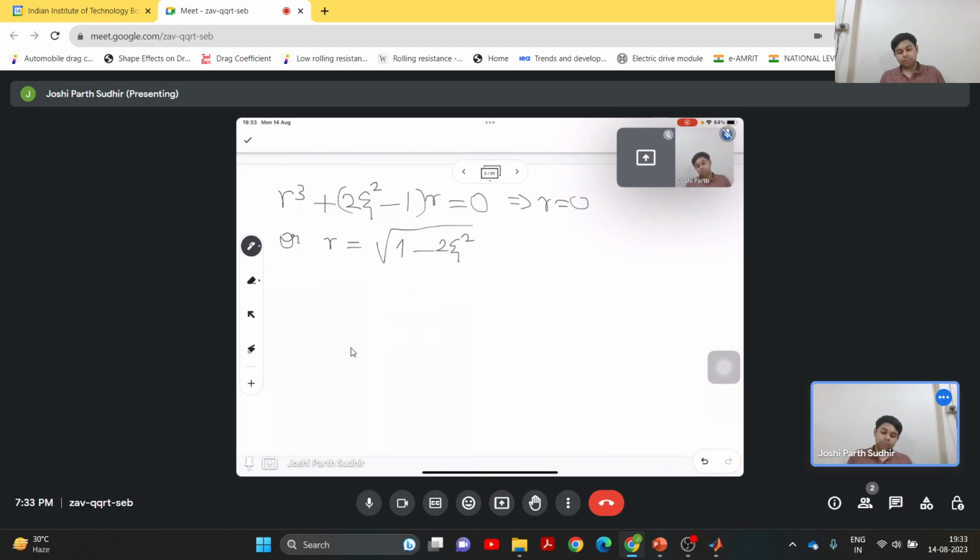This corresponds to the resonant frequency. Let us call this R naught. Now let us find out the magnification factor at resonance.